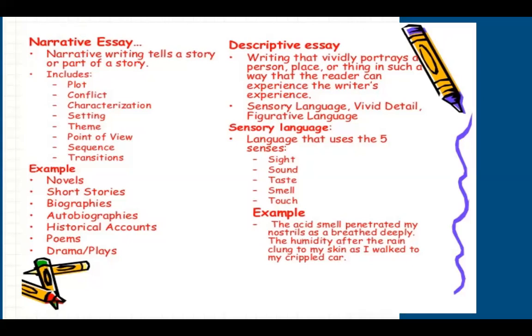Biographies can also be pretty long. Some autobiographies and biographies have been turned into books. Historical accounts: certain characters could be prominent in history, and we have the historical accounts. So they are like biographies written by others.